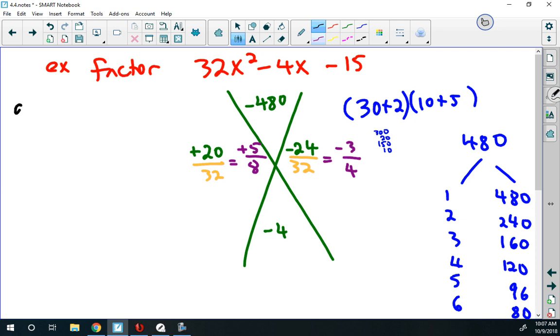So my answer is going to be comprised of 2 binomials. Remember, the denominator is the coefficient. So it's going to be 8x plus 5 and 4x minus 3. You guys like that magic X method? Or do you like the factor by grouping instead? Or do you like guessing and checking instead?